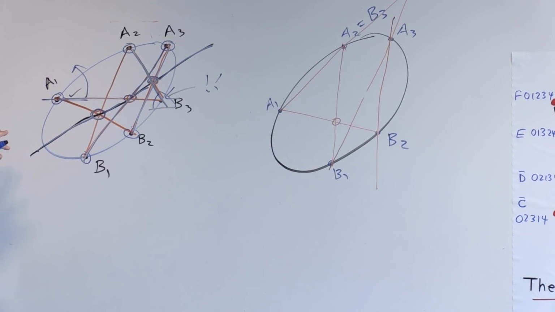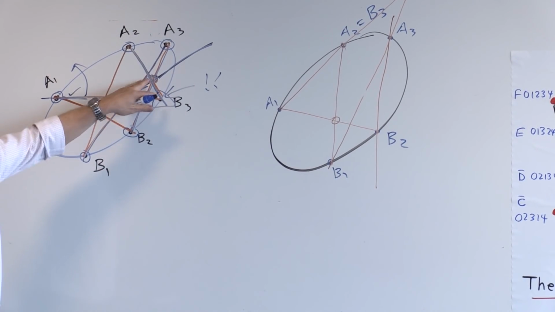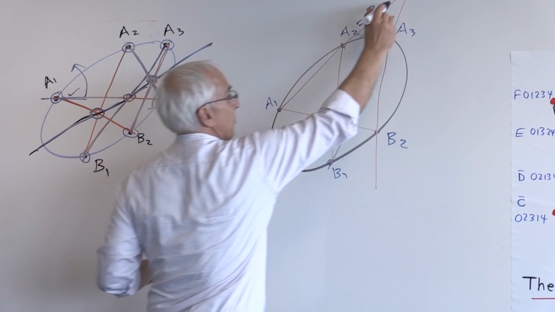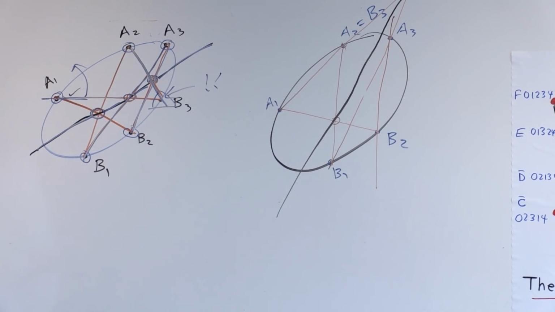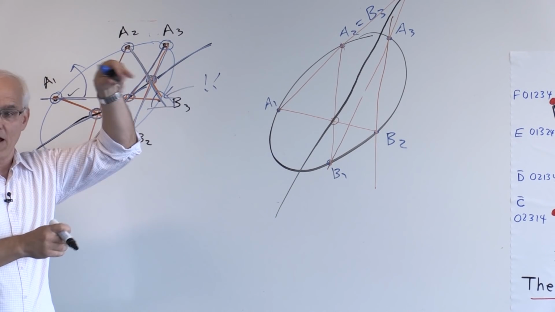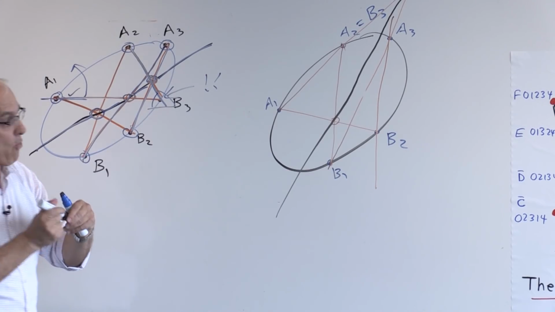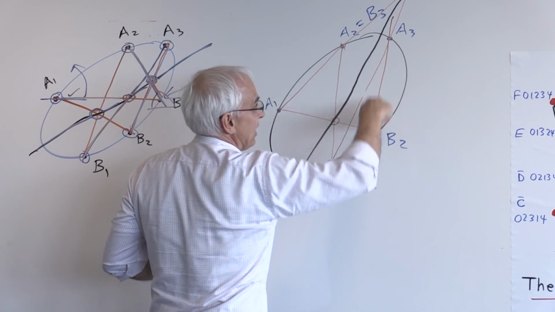Okay, so how can we use Pascal's theorem in this situation? Well, Pascal's theorem says that these 3 points are going to be collinear. We already know 2 of them, so we know the line that they're going to form. And we know that the third intersection point has to lie on that line. We know one of the lines, it's A2, B3.